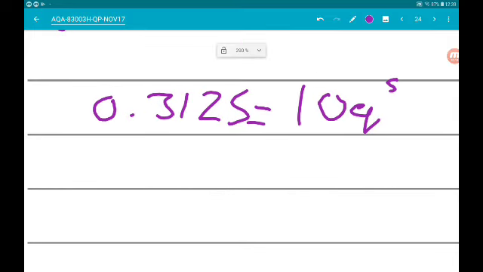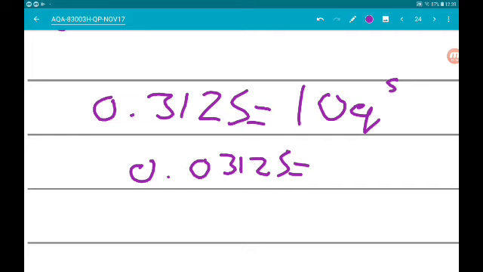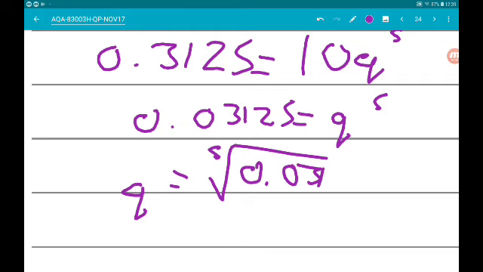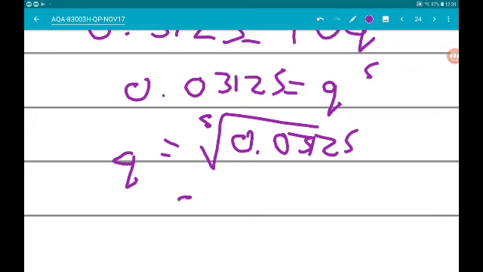So divide by 10, 0.03125 is equal to q to the power of 5. And if we take the 5th root, so q is the 5th root of 0.03125, we get q is equal to 0.5.